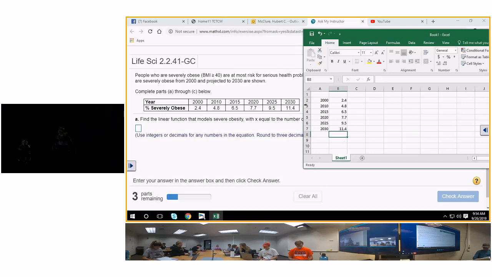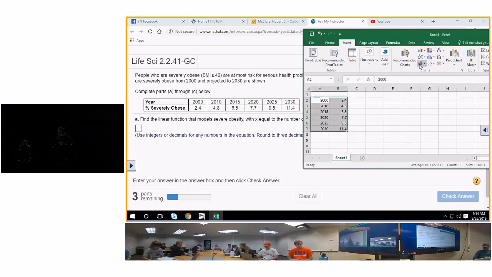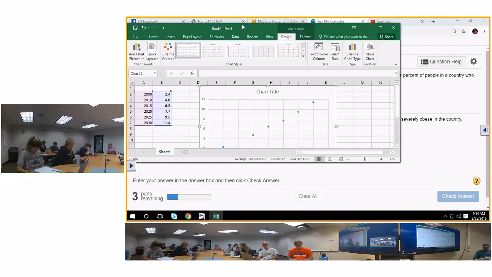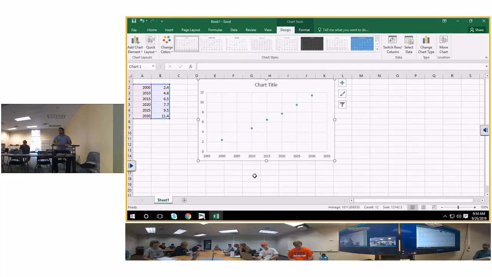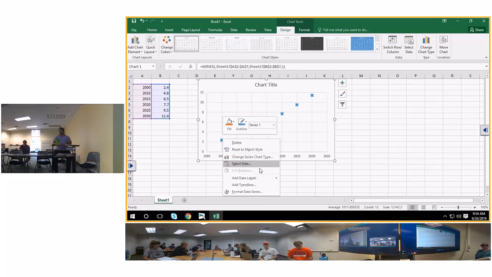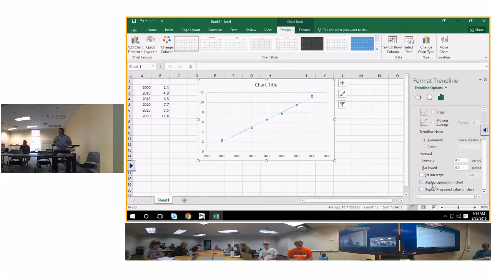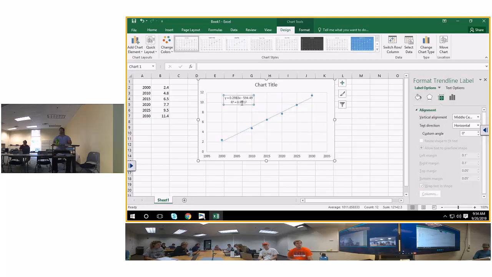I'm going to highlight that and insert a data plot, and bring this over and make it big. It looks like a linear function to me. What do y'all think? And add a trend line. There is a correlation, a very strong correlation.